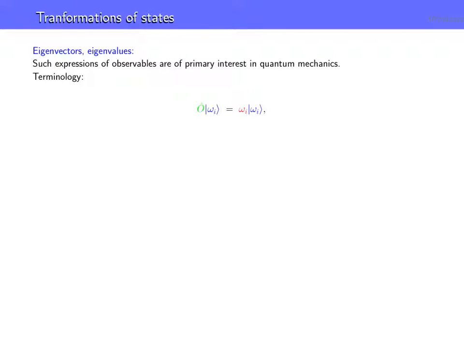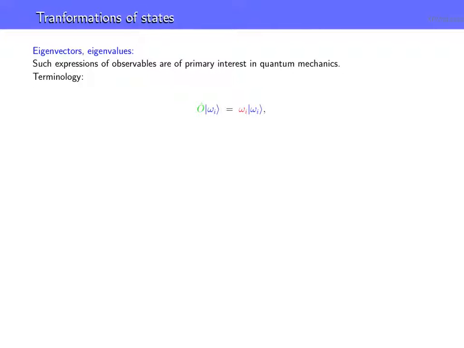So let's just consider a general case, and what we mean by this is we have some operator acting on a basis vector, or state vector, and it spits out the value corresponding to that.